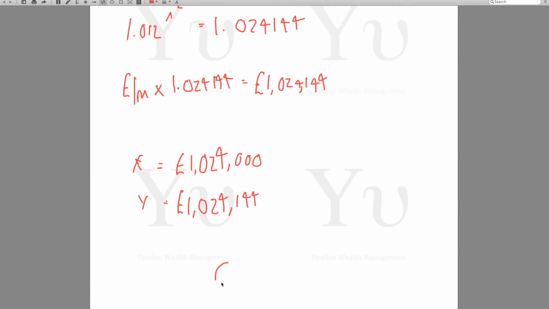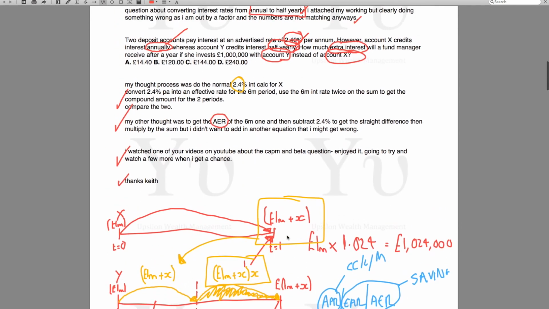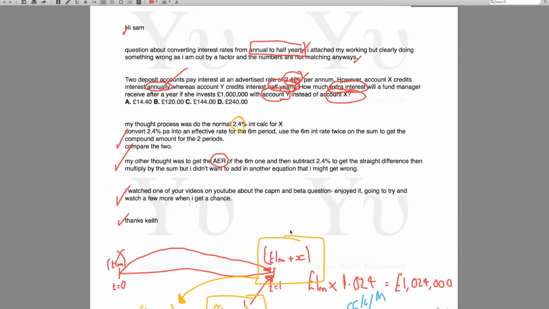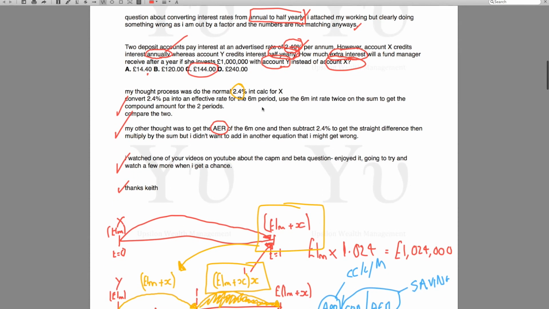So the extra income is £144. I really hope after all of that, £144 is there as the answer. Yes, there we go. The answer's C. Okay, so we've got to be careful.